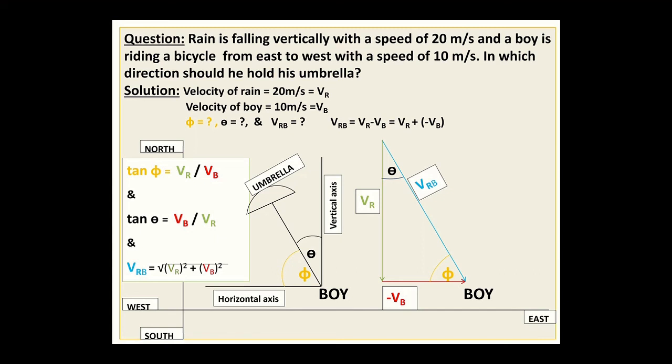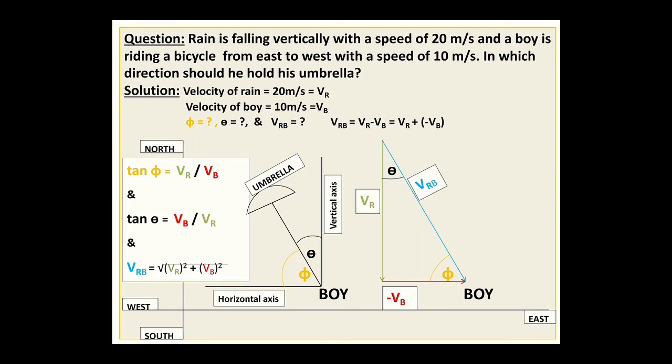Similarly, tan theta is equal to VB by VR. So for theta, VB is your perpendicular while VR is your base. And VRB is your resultant velocity of rain with respect to boy. This is the resultant, and you can say it is h, or hypotenuse of the right angle triangle.